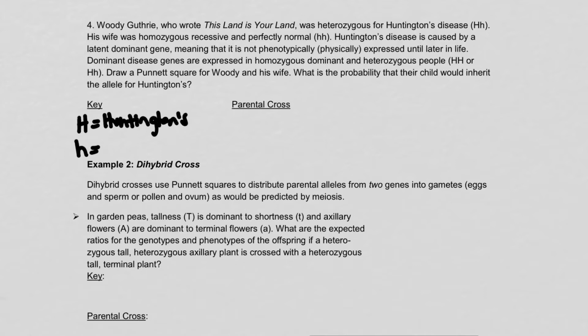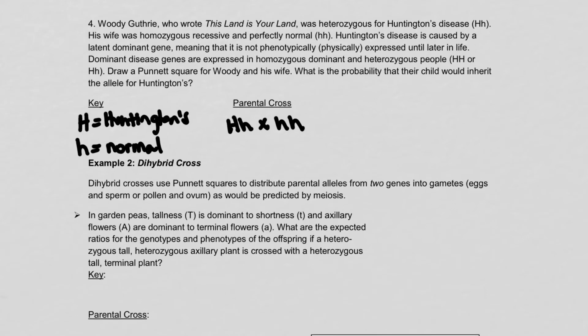Little h would be normal or unaffected. And let's see, the father is heterozygous, wife homozygous recessive, and Punnett square for the probability the children would inherit the allele for Huntington's.